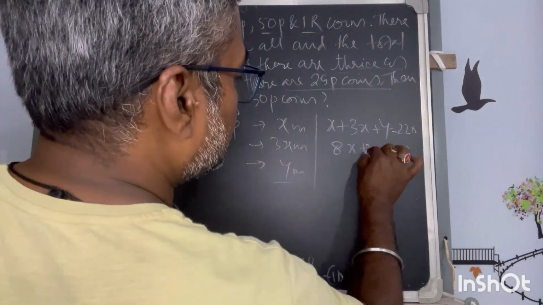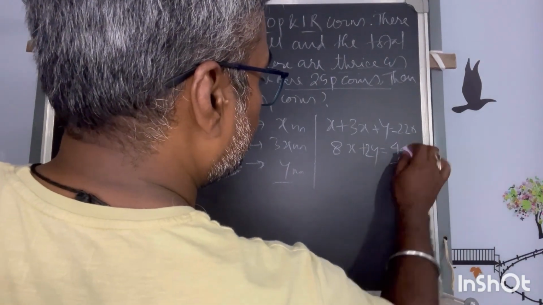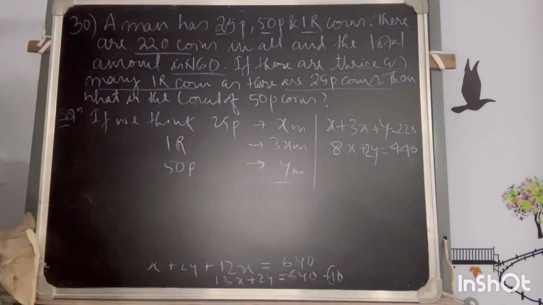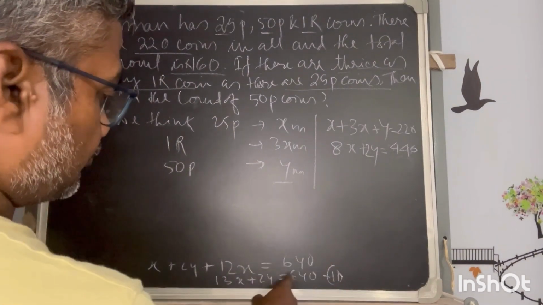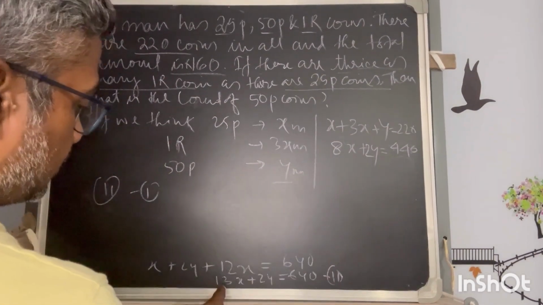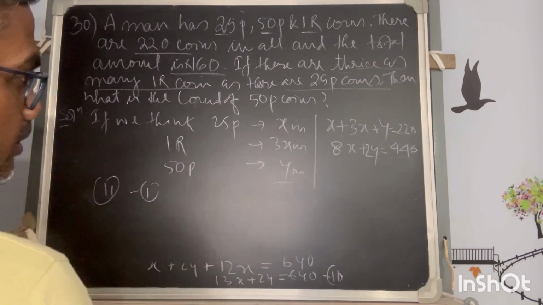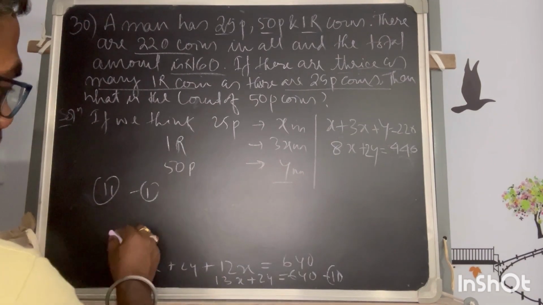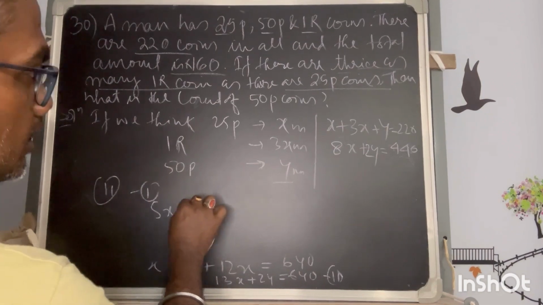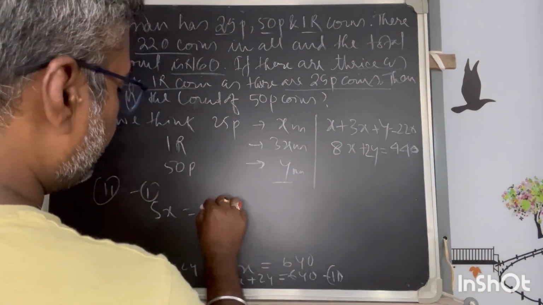So you multiply equation 1 with 2 and we get 4x plus 2y equal to 440. Now if you subtract equation 1 from equation 2, your y will be eliminated. What you will get is 13x minus 8x, which gives you 5x, and 640 minus 440 gives you 200.